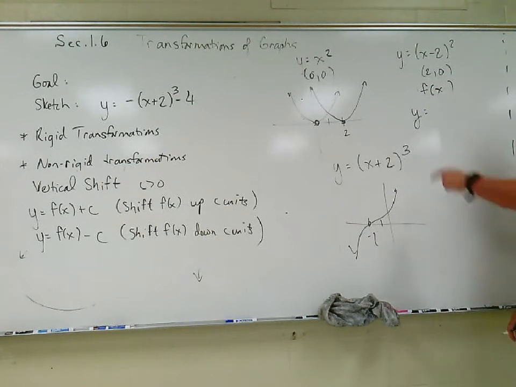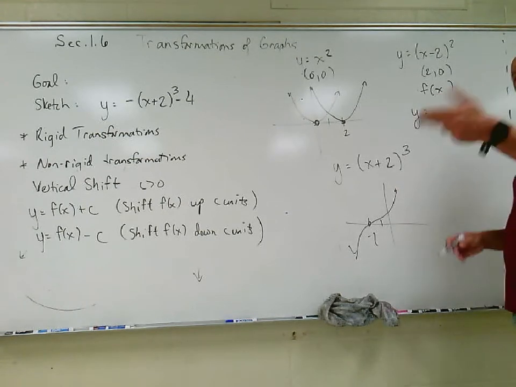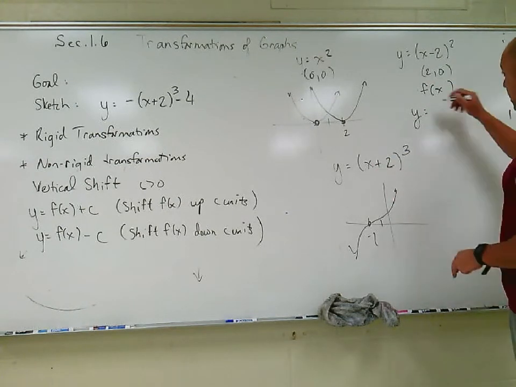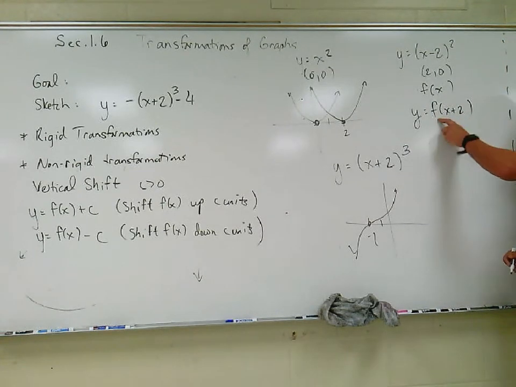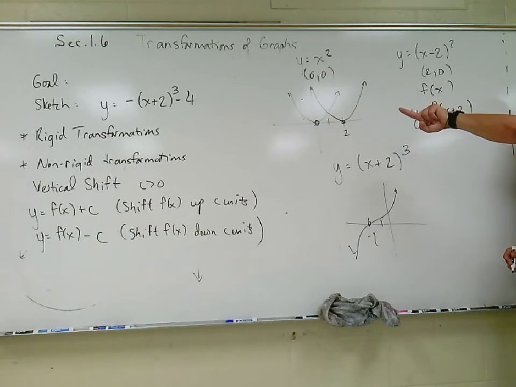What can I write to say left 2 for all the basic graphs? Very good. Or we'll just do the plus 2 for now. F of x plus 2. That means take your basic graph and move left 2.